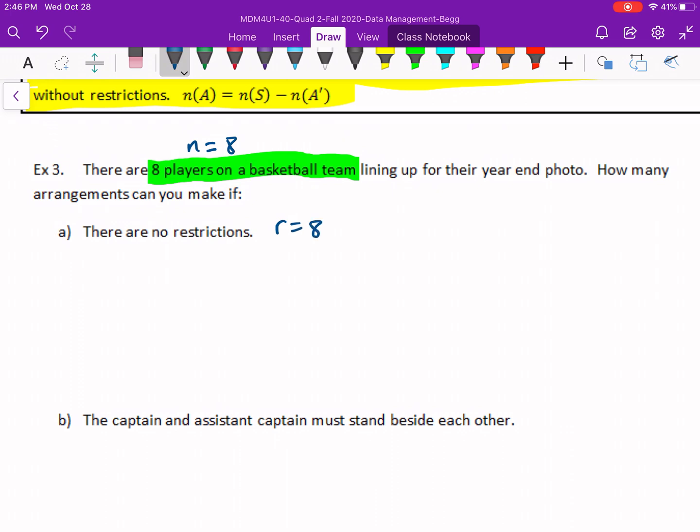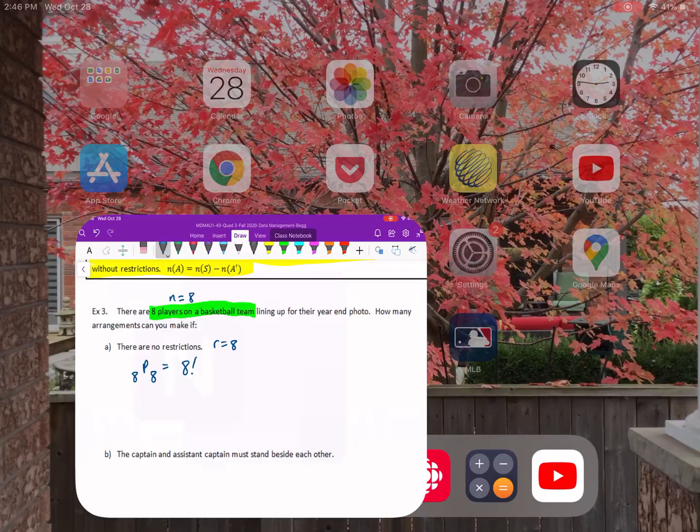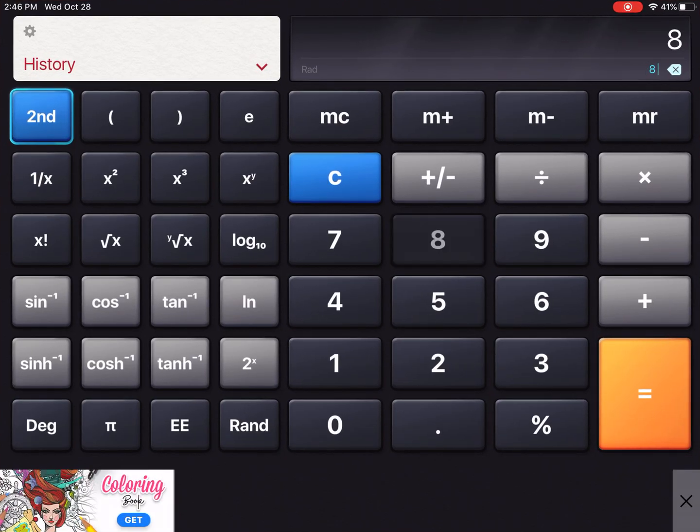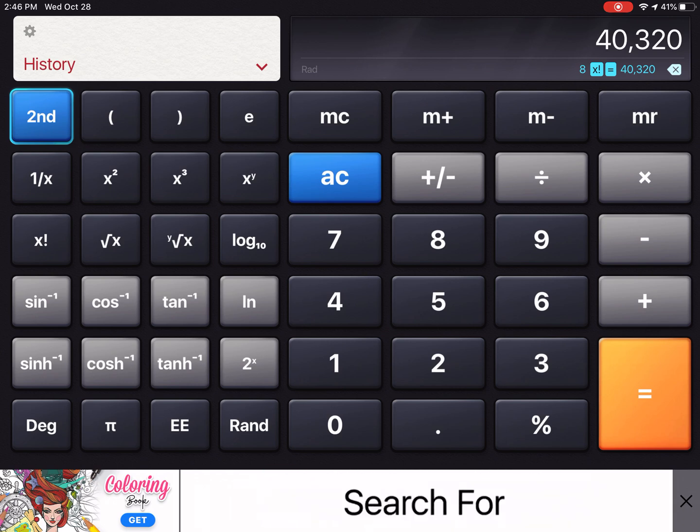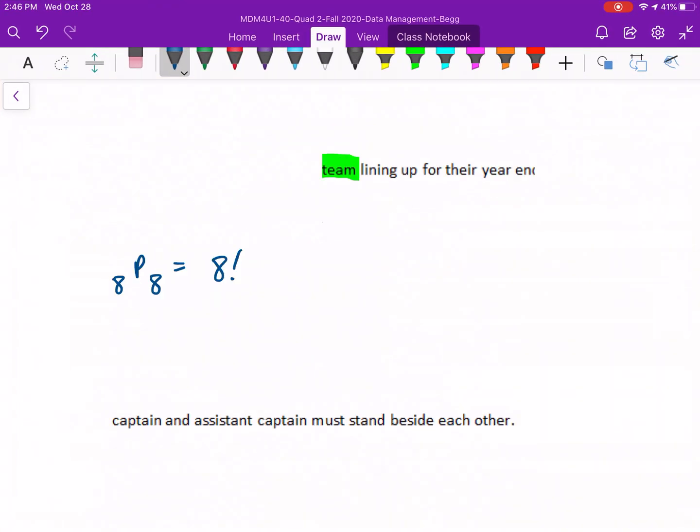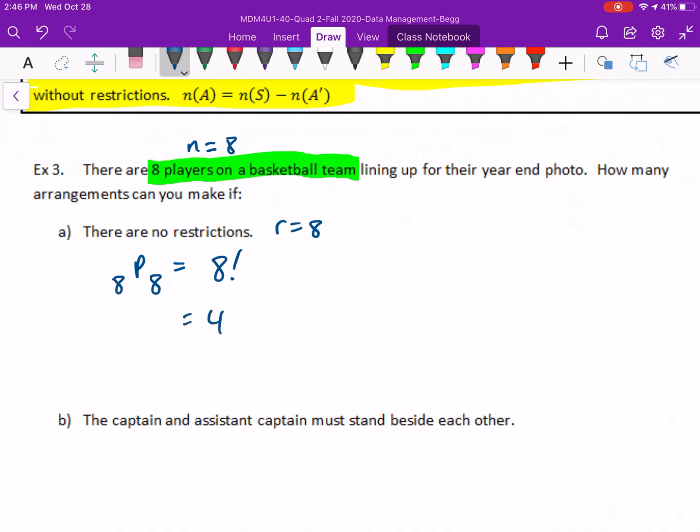So r is also equal to 8. So we just want 8P8, which is the same as 8 factorial. 40,320. You may even remember this from the last lesson. Okay, there we go.